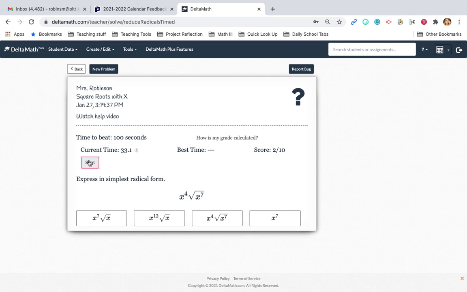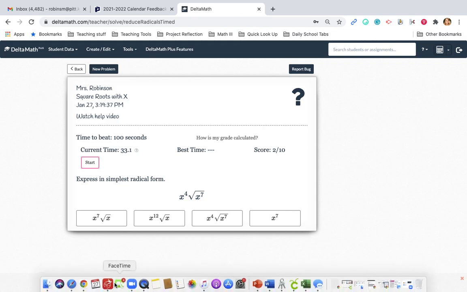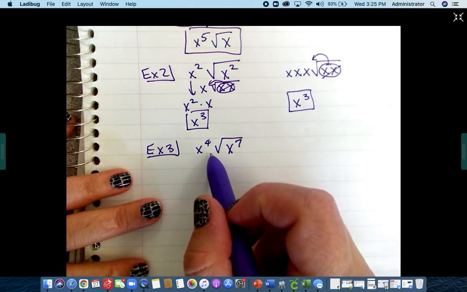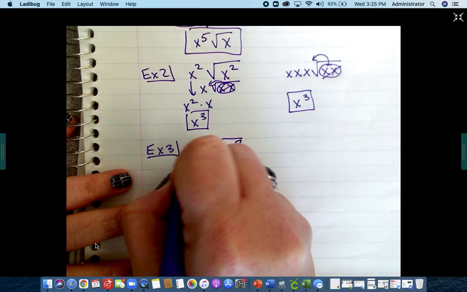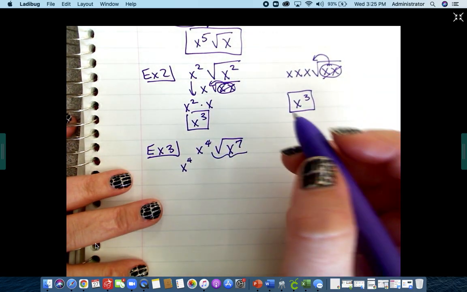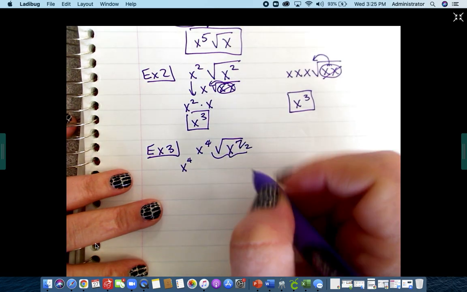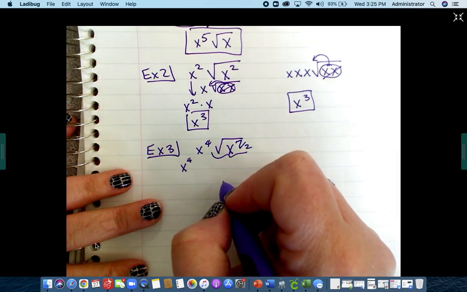All right, and I'm going to stop and just we can add in a third example when it has multiple variables. So x to the 4th times x to the 7th. All right. So x to the 4th stays, and I just want to take this and simplify it. If I divide by my index of 2, how many pair am I going to form?